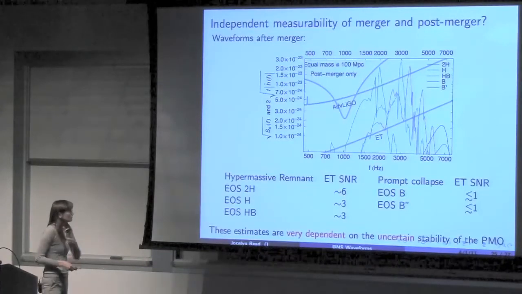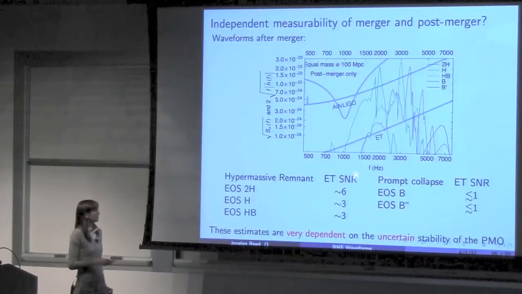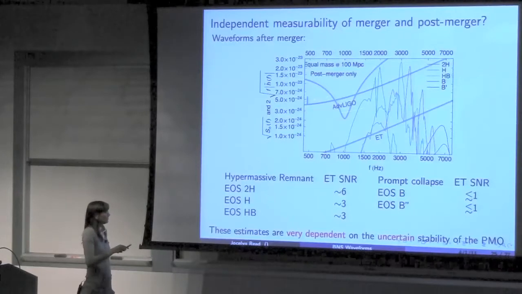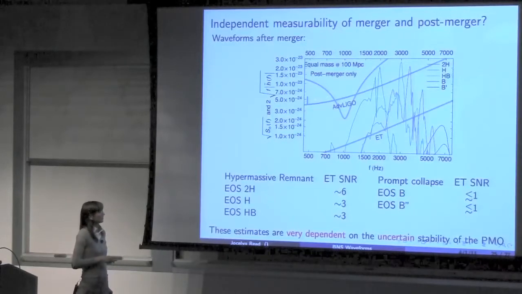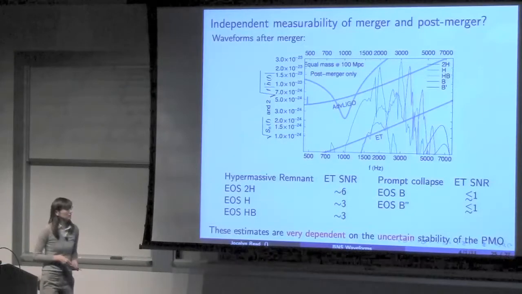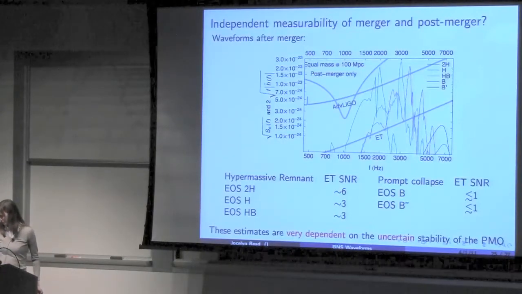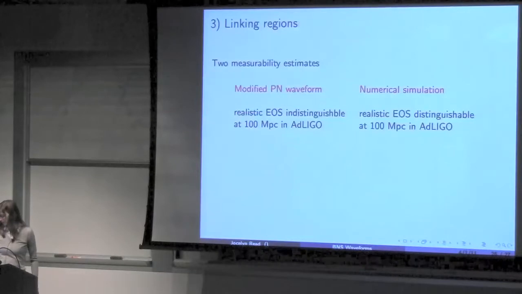So this is an interesting scenario to consider going forward, although unfortunately even in the broadband advanced LIGO configuration it's probably not going to be visible, at least by this first estimate, or second estimate. There's some previous work done on this, of course.